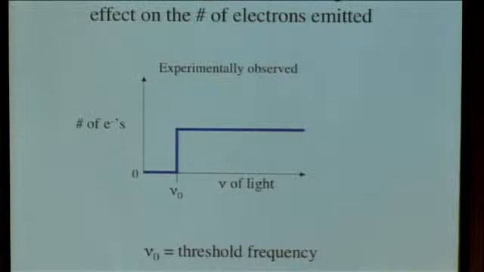But if you go up to the threshold frequency, suddenly you see that there's some number of electrons that comes off, and amazingly, the number of electrons actually had no relationship at all to the frequency of the light. And this didn't make a lot of sense to people at the time, because they thought that the frequency should be related to the number of electrons that are coming off, because if you have more frequency coming in, you'd expect more electrons coming off. This wasn't what people were seeing.